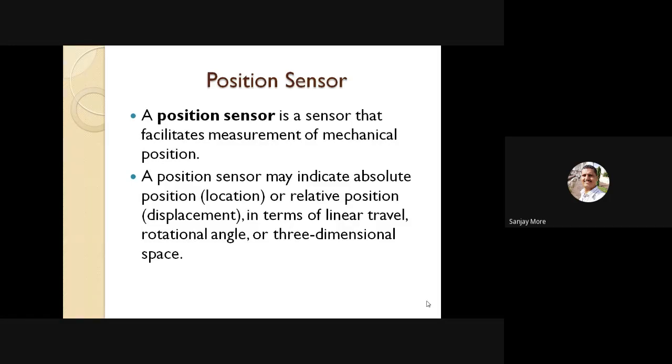So write down what is meant by position sensor. A position sensor facilitates measurement of mechanical position.